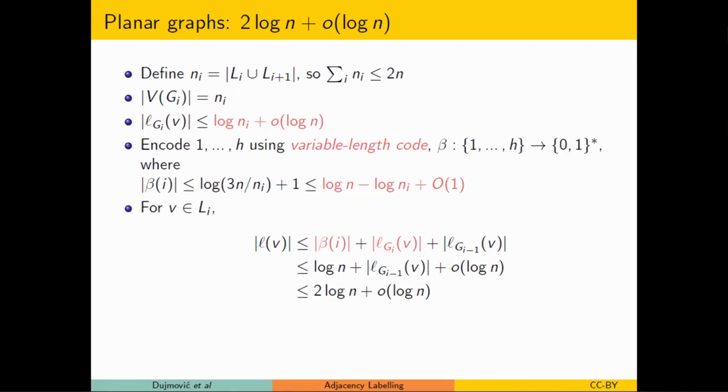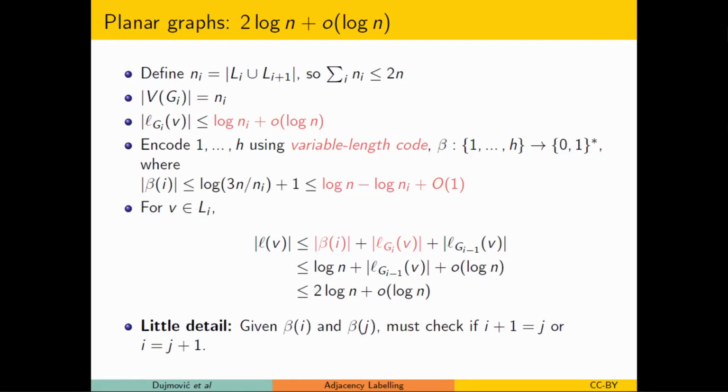Yeah. In order for these encodings of the levels to be useful, you also need to know which two of them are consecutive. That was the other thing. And there is this little detail that you have to be able to know if i plus 1 equals j and if j plus 1 equals i. And I will leave that as an exercise to the reader, or listener in this case. As a hint, I will tell you that actually these code words are just paths in a binary tree.